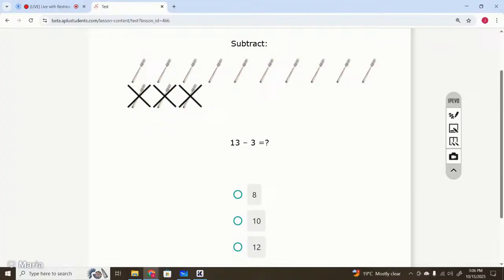13 take away 3 is 10 it is. Option number 2 is the correct option.